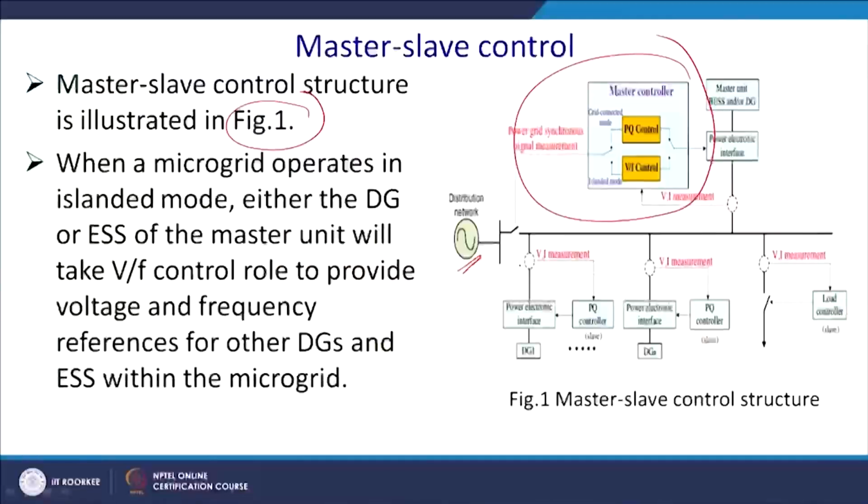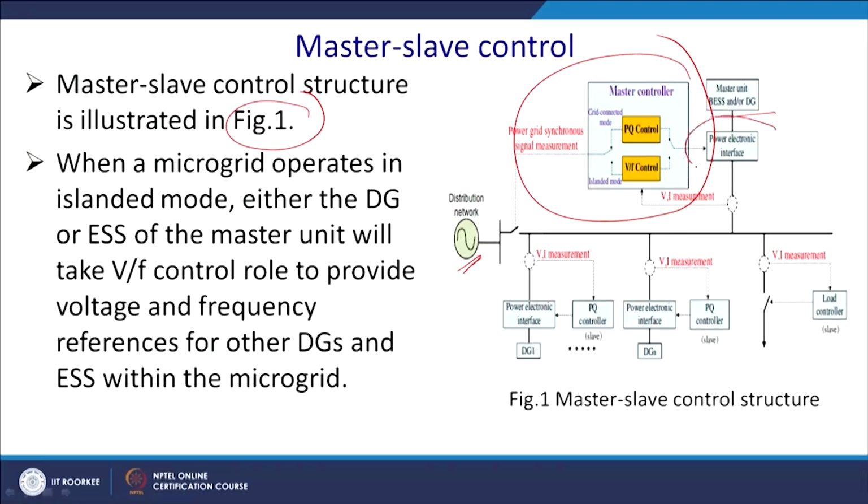If it is in grid connected mode, then it will mostly go for the PQ control, but there can be some exceptions, and if it is in the islanding mode, it will go for the V by F control mode, and it will have a master unit of battery and the distributed generations.